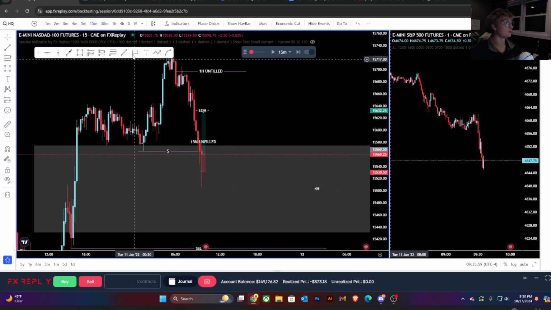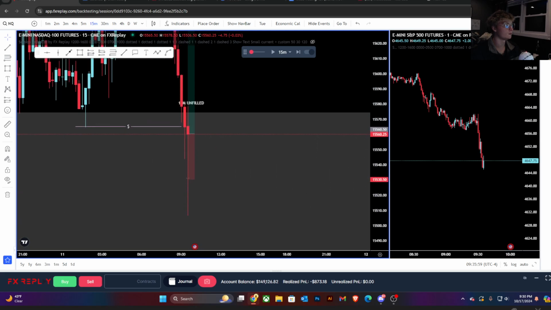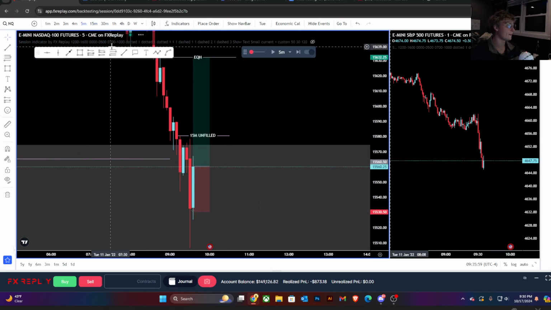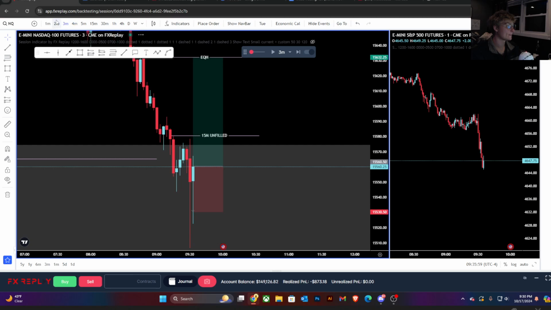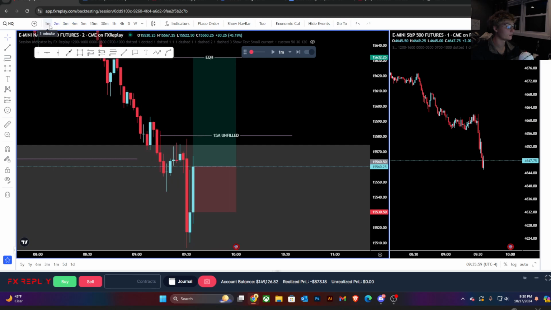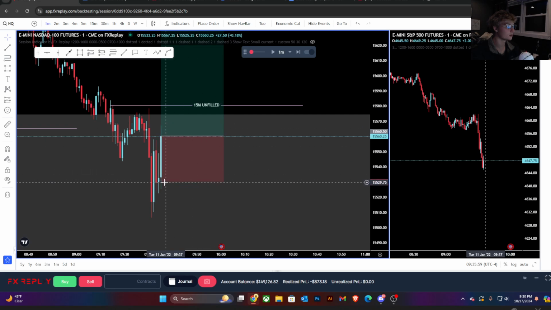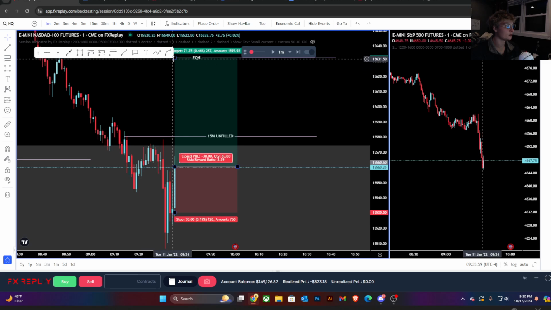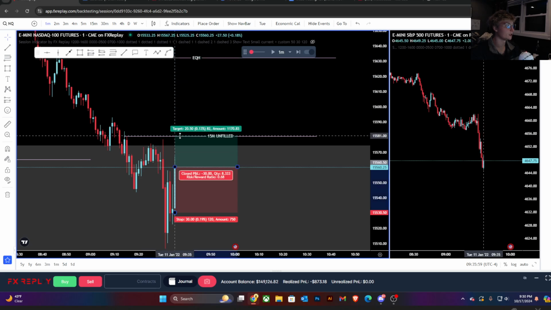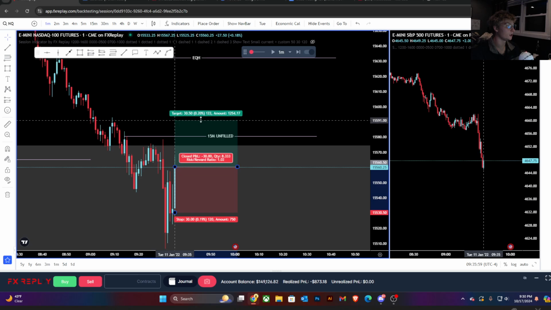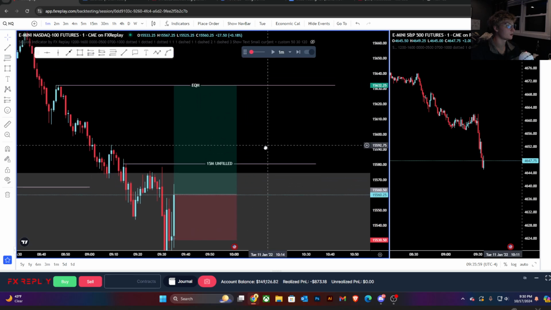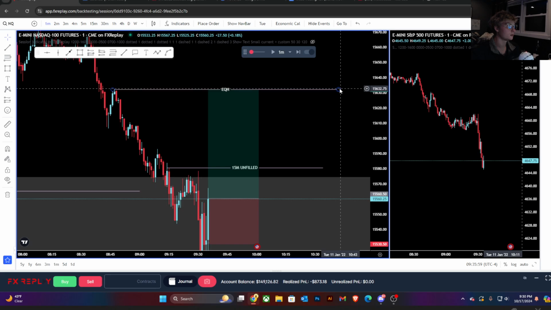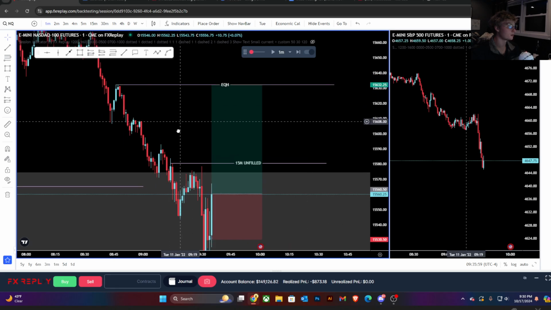Equal highs above, unfilled 15-minute above, which will be my break even. 1 minute inversion, stop right here. 30-point stop, gonna break even here. And then we'll have TP at these equal highs.